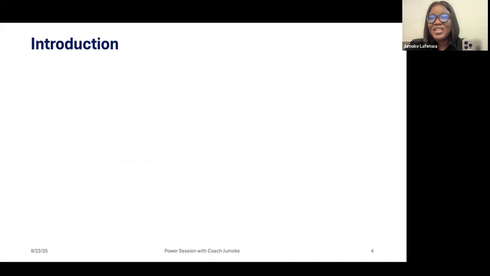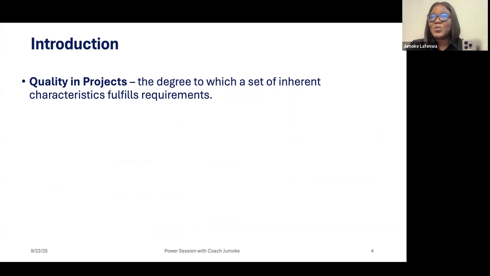So let's go. Introduction. What is quality? Quality in projects shows the degree to which a set of inherent characteristics fulfills requirements. As a project manager, when you start your project, the first thing you do is to identify your stakeholders.